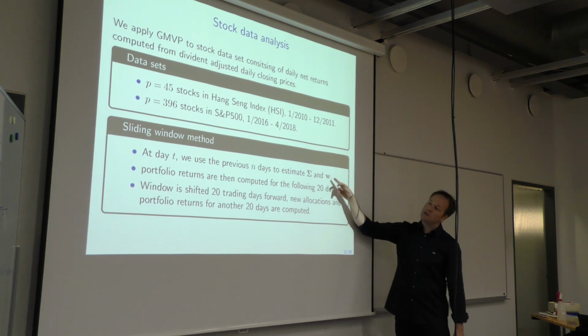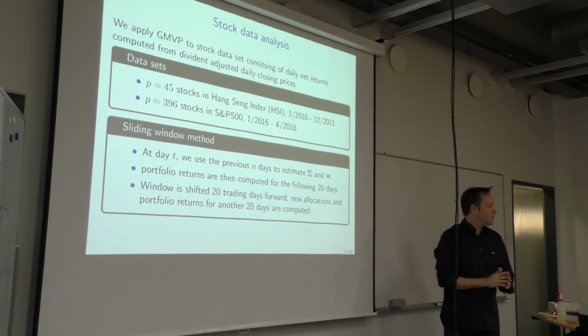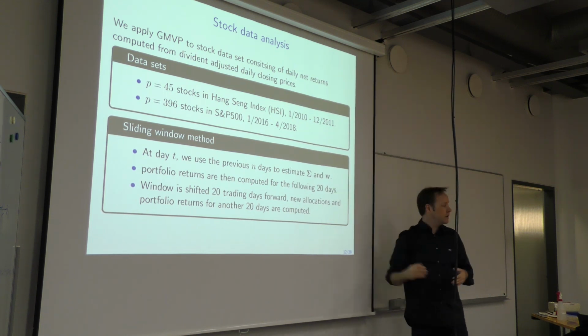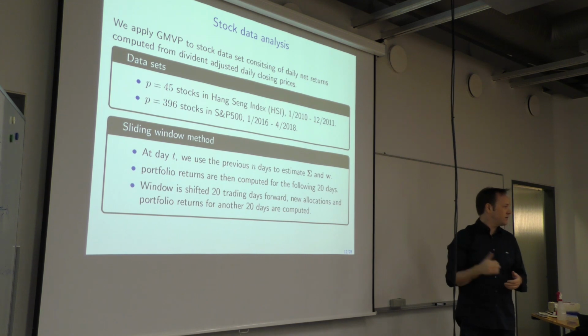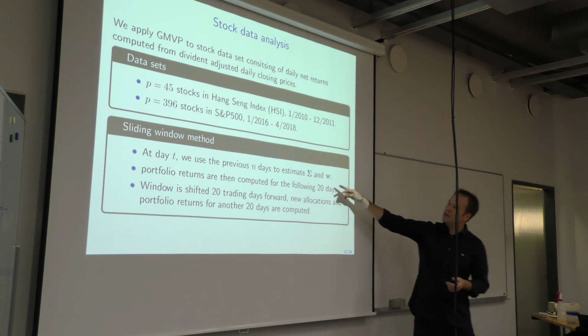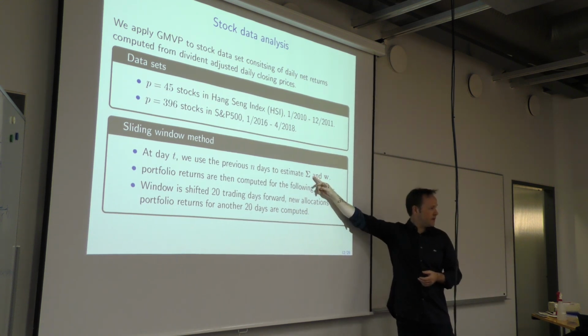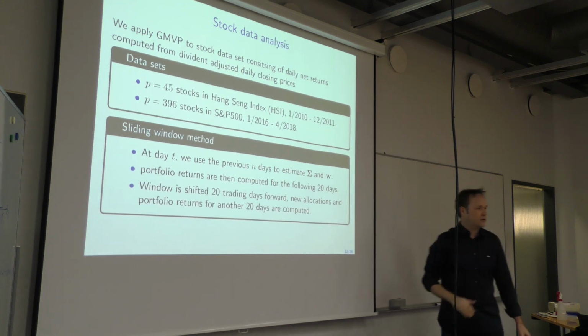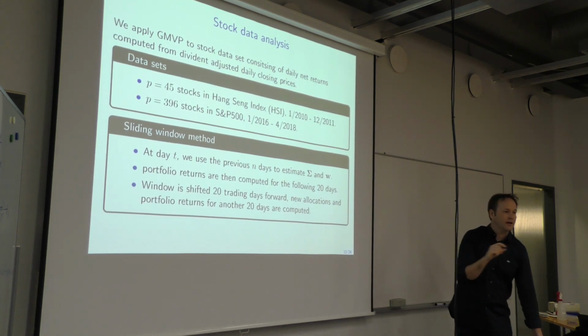And we use the sliding window method, so we invest our money in these 400 stocks, for example, using this very conservative global minimum variance allocation strategy. We use the n previous days to estimate the sigma, and that gives the weight vector.